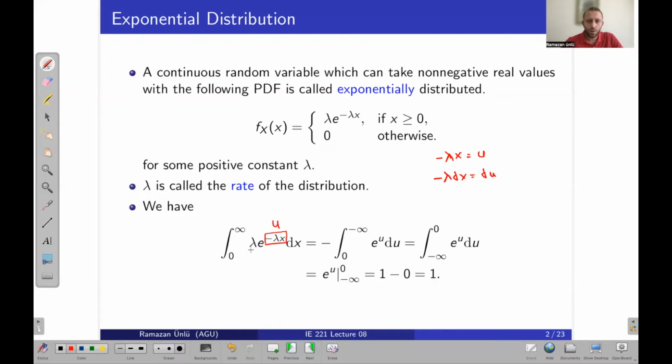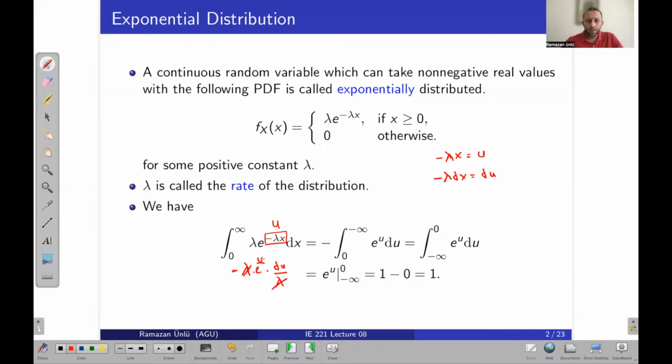That will be lambda times e to the u, times dx, which is du divided by minus lambda. So these two guys will cancel each other, and I will get minus e to the u times du.